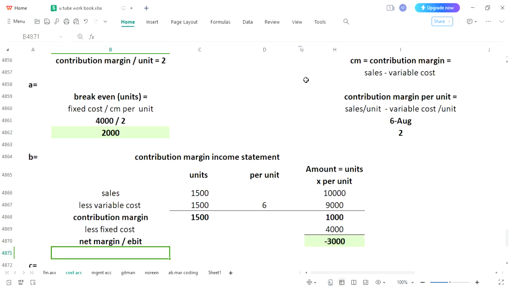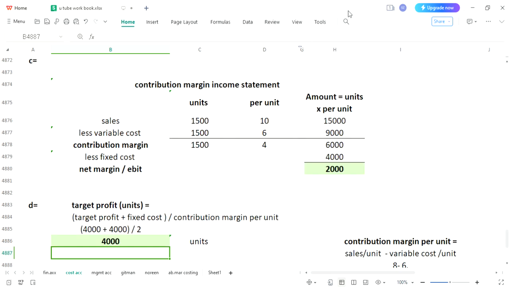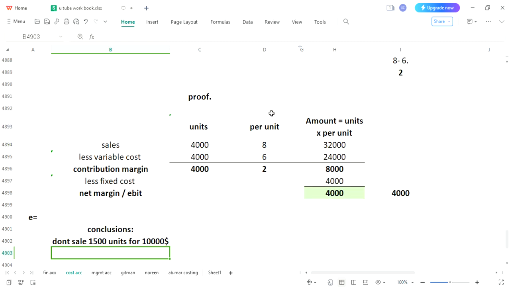Okay, in B part we have concluded. C part is saying the same 1500 units but with a better sale price. It means we have another conclusion: fix sale price per unit at least at $10.